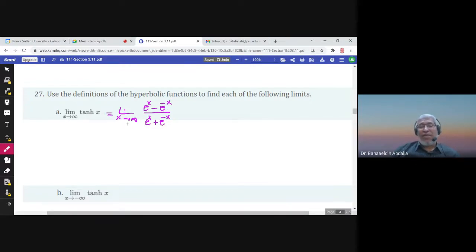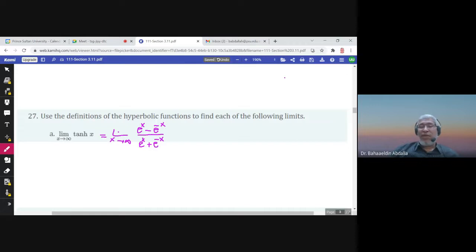Now if you replace x by infinity, you will get e to the power infinity, and notice that the graph of e to the x is like this. So the limit of e to the x when x goes to infinity is infinity. So I can say e to the power infinity is infinity, while the limit when x approaches negative infinity of e to the x is 0 because the function goes to 0. The line y equals 0 is a horizontal asymptote.